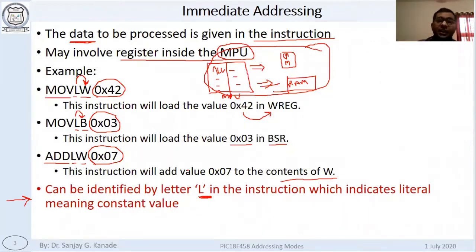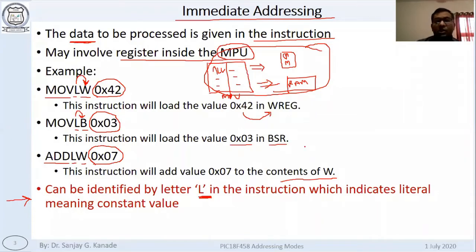It is indicated by this L. So to identify whether it is immediate addressing or not, you can see if there is the letter L in the instruction, it will indicate that this particular instruction is following the immediate addressing mode.